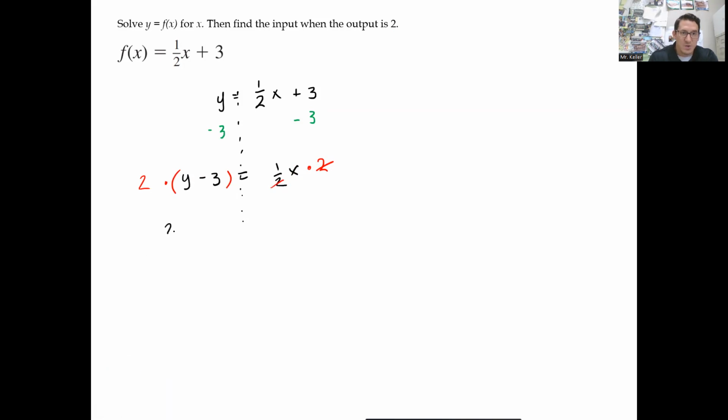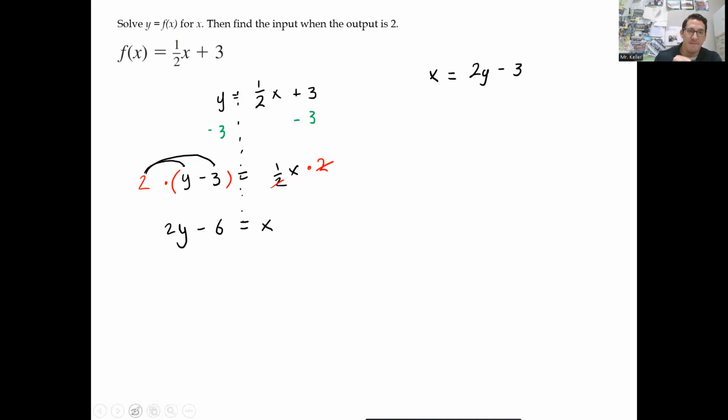Actually, I'm going to distribute the 2. 2 times y is 2y. 2 times 3 is minus 6. All right, I'm going to rewrite it up here. X is equal to 2y minus 6. Wrote it correctly this time.